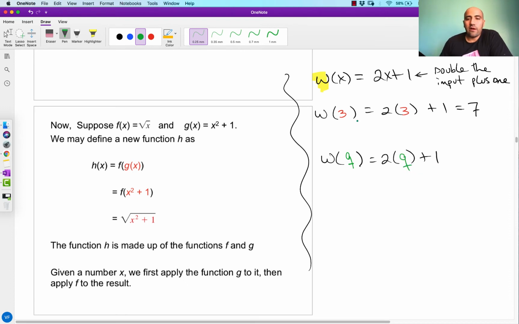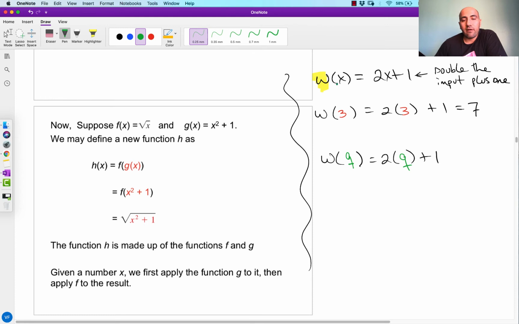We don't do this too often because it seems kind of silly. We had w of x equals this, so now we have w of q equals this. So really we just change the input variable, right? So it doesn't have to be x. It could be any letter at all. It's the concept that makes sense, not the actual letter. Either way, you're still describing the function in the same way. The input, you double the input, plus 1.